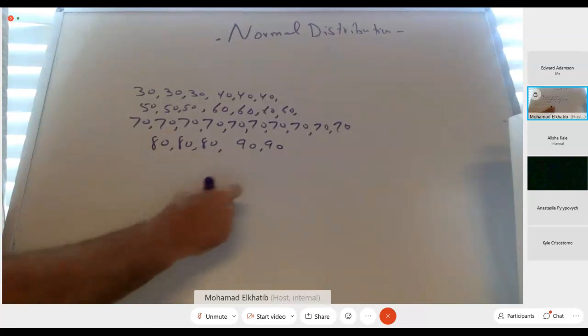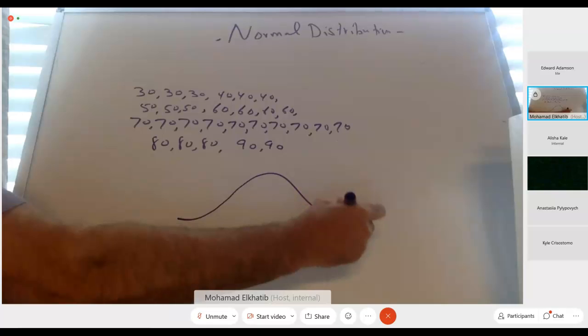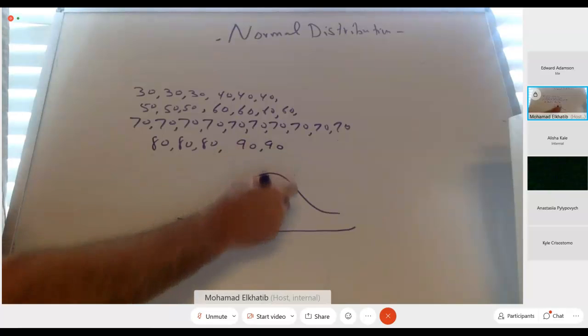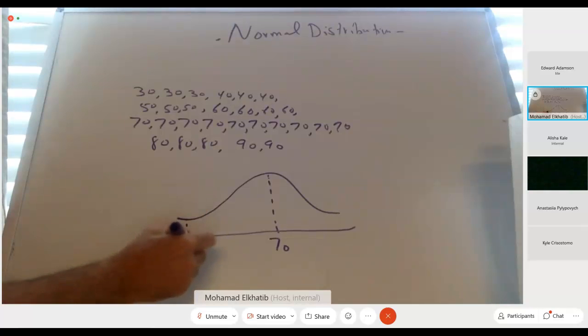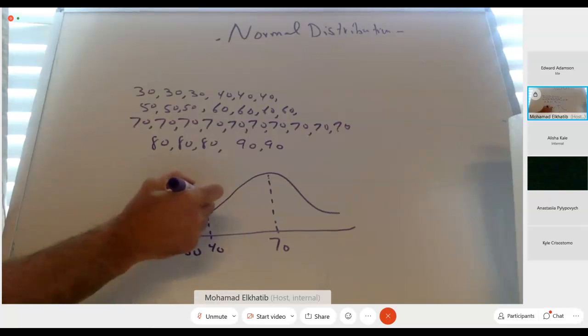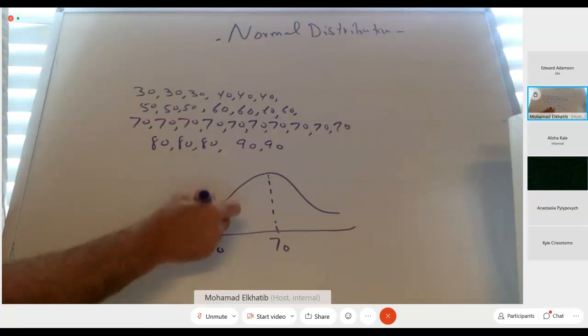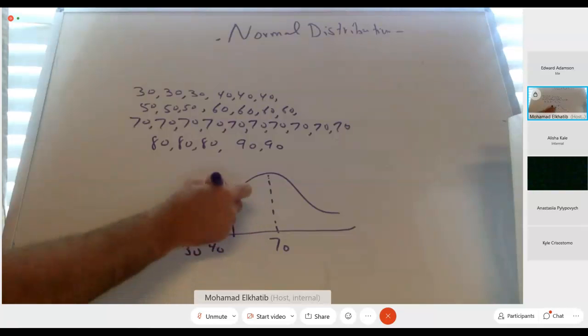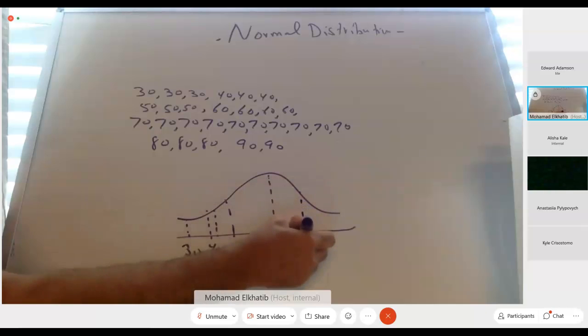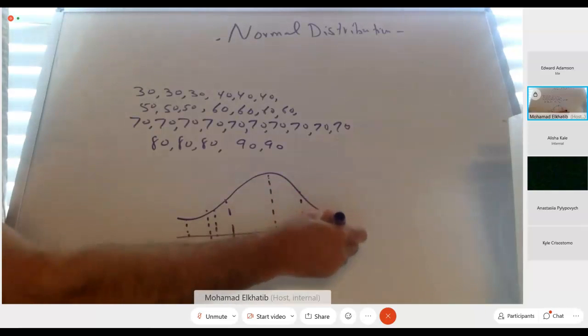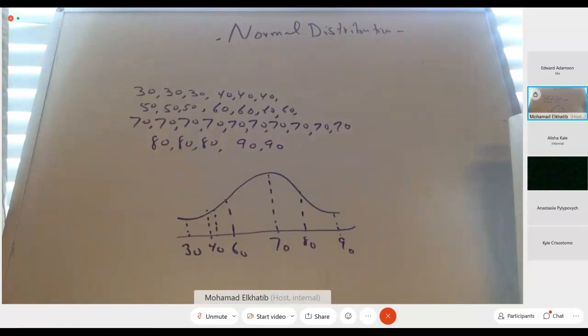Why? I got lots of scores at 70. See? Here, let's say the scores of 30, more on 40s, 50s almost the same, right? 60s more on 60s, lots of 70s, not a whole lot of 80s, and not a whole lot of 90s, right?